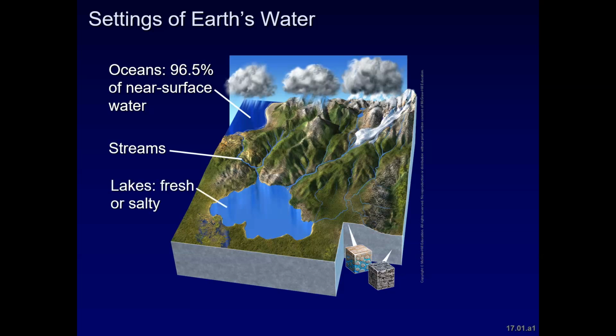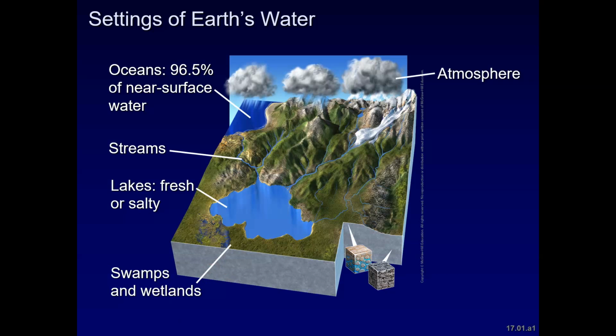Lakes can be fresh or salty. Most are freshwater lakes, but saline or, say, brackish, which is somewhere between fresh and saline, are located in dry climates. Swamps and wetlands as well are settings of Earth's water. Water's on the surface in those.